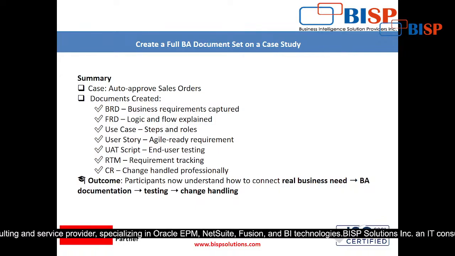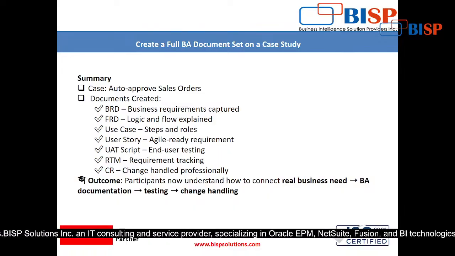Yes, okay, now see here, summary. Now the case is auto approval sales order. Now documents created, how many documents are created? See, in NetSuite or in any end-to-end implementation project, there are n number of documents, like hardly 10 to 15 documents.